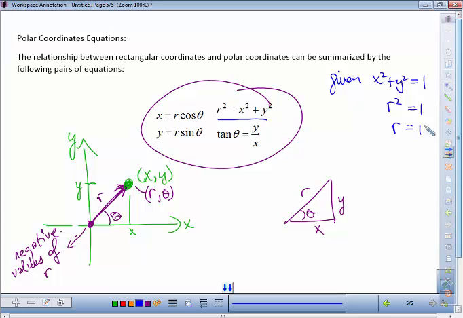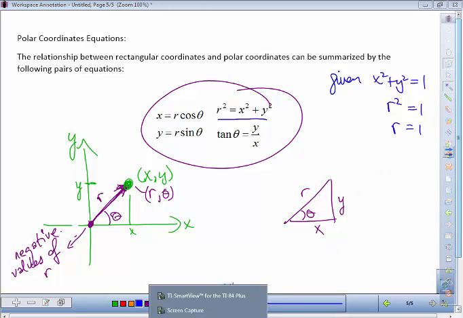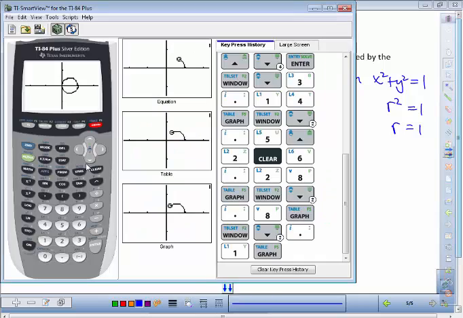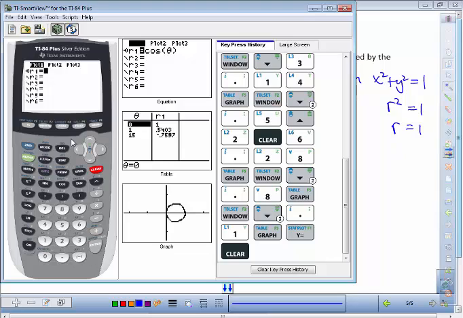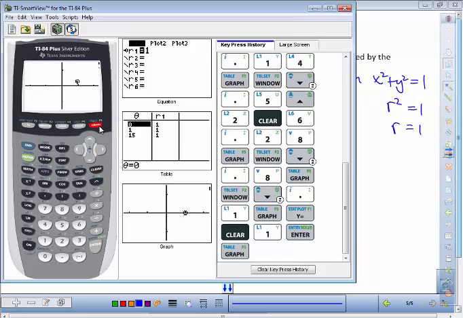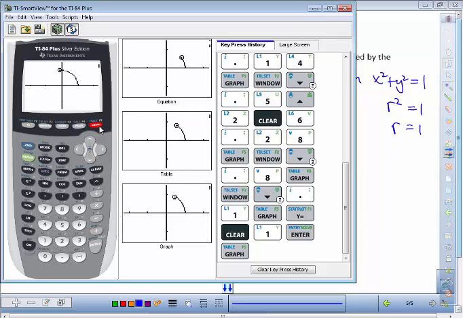So r is equal to 1 is a circle if you were to draw that in polar coordinates. You can take your calculator, put 1 in for r, and then draw it out. And that's what you'll get. Right? A circle of radius 1.